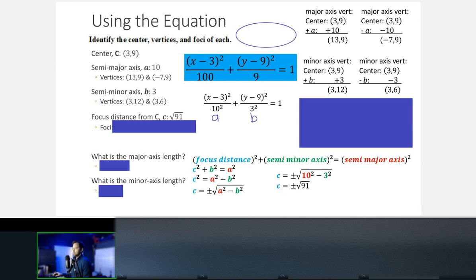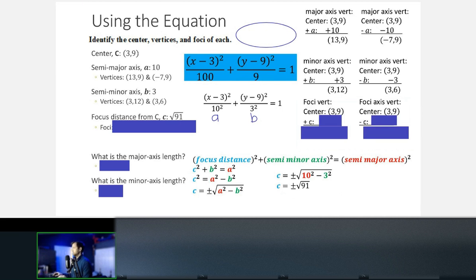Okay, now here's a question for us. From the center, are we going to add and subtract radical 91 to the x or the y value? Correct.